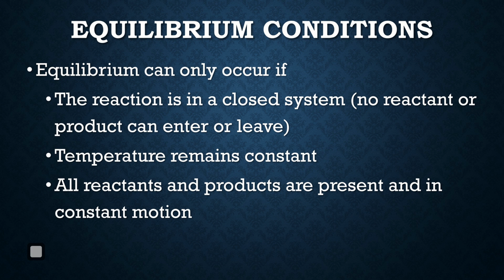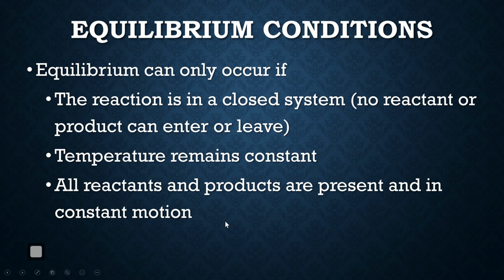All right? So there are important things to understand about this. There are conditions, as it says there, that we need to have in order for equilibrium to occur. It needs to be what we say a closed system. So in other words, nothing can leave the reaction. You can't pull out any of the products. You can't remove any of the reactants. They can't escape.